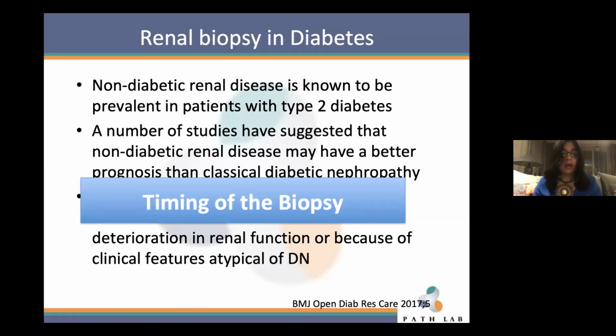And all of these studies which tell you that these patients could have a better prognosis, or that your classic diabetic glomerulosclerosis can have a better prognosis, you don't know, because at the end of the day, we never biopsy our patients early enough. Timing of the biopsy makes a lot of difference.